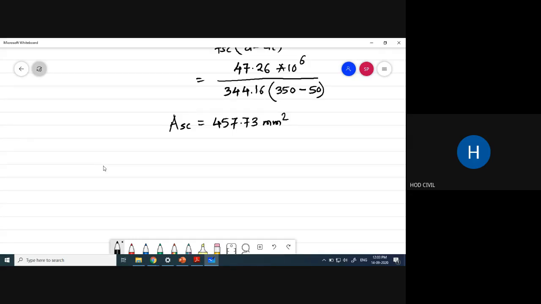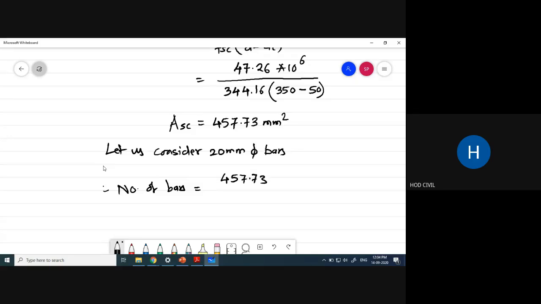So again, I will assume that I'm considering 20 mm diameter bars. So number of bars will be ASC 457.73 divided by area of the single bar.